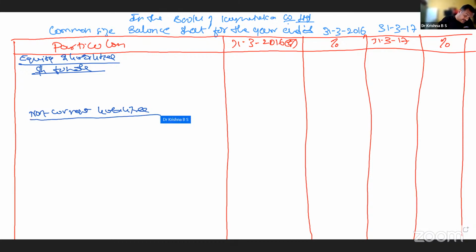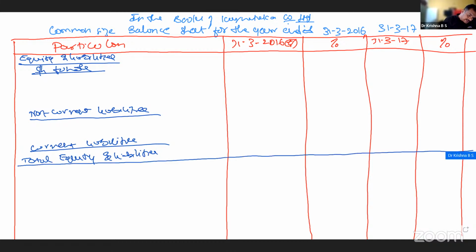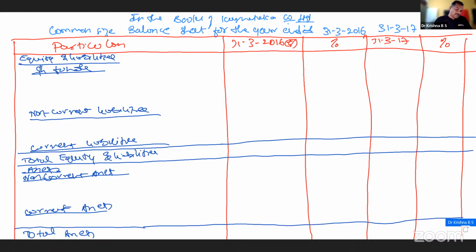Sorry, there is some confusion happened, no? Current liabilities, then total equity, and I'm trying to adjust in the space available because there is some problem in the whiteboard. Then assets in this non-current asset, then current assets, in total assets. Okay, yeah.